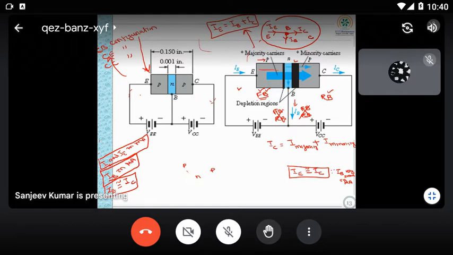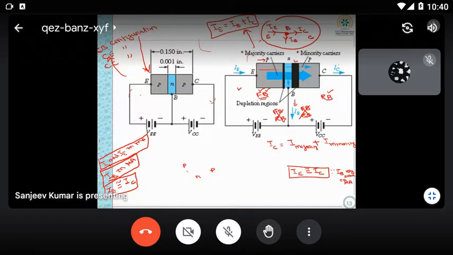Okay, so once again, this is a combination of the previous two diagrams, the forward bias and reverse bias conditions. Here you can see a thinner depletion region, and here a wider region. Majority carrier currents flow due to the forward bias junction, and minority carrier currents are there due to the reverse bias junction.